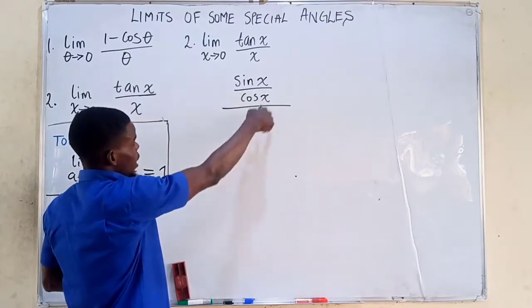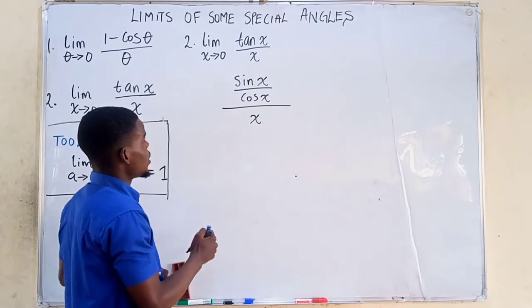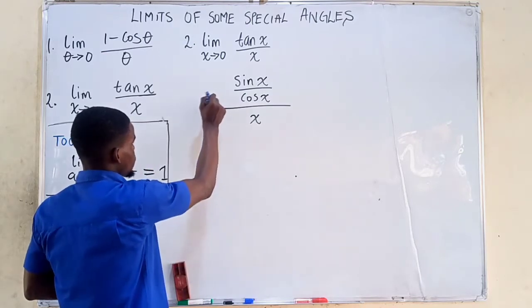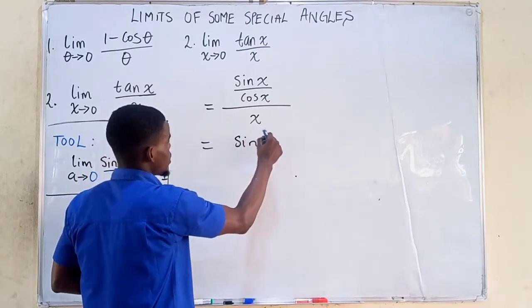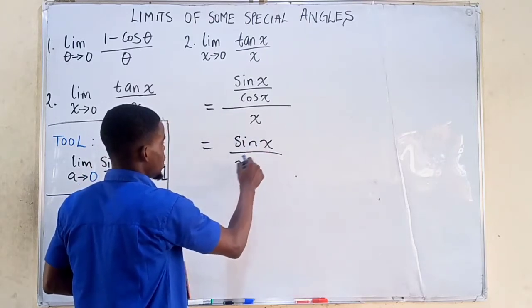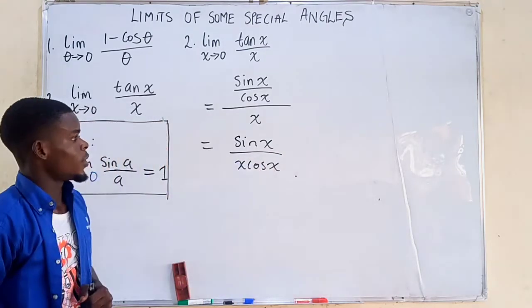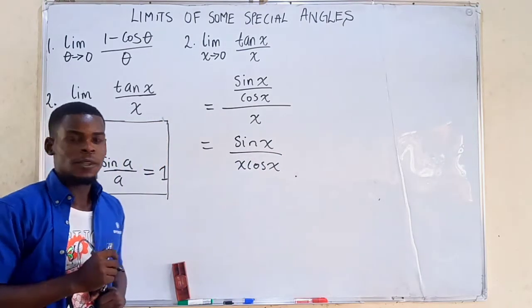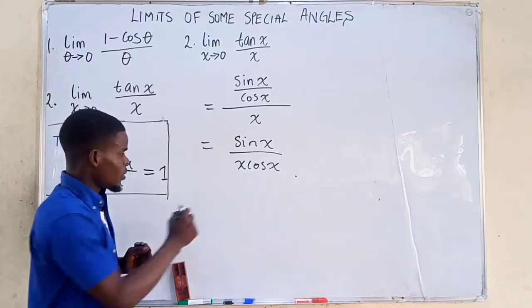Since we have division of two fractions, we'll go ahead and rewrite it as sine of x divided by x times cosine of x. Now, I would also like to split this fraction into two parts, since this is a product.